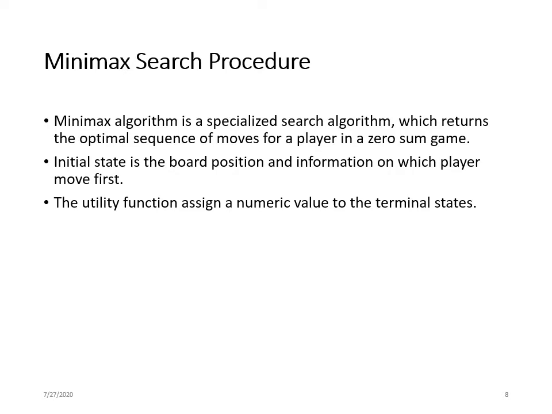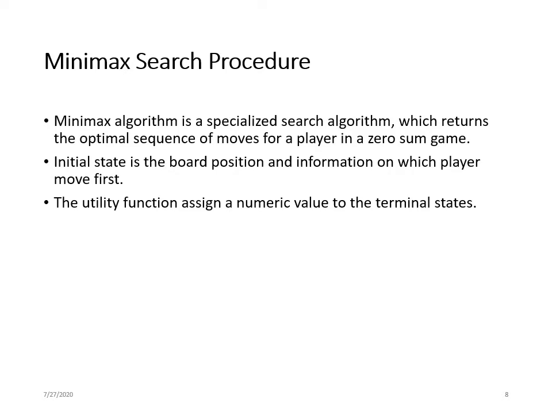The initial state is the board position and information on which player moves first. It is given. The board position represents which player is moving first and which player is moving second. The successor function returns a list of move-state pairs, each indicating a legal move and the resulting state. The terminal test determines when the game is over.